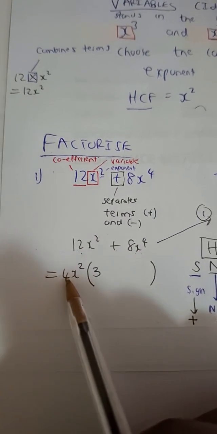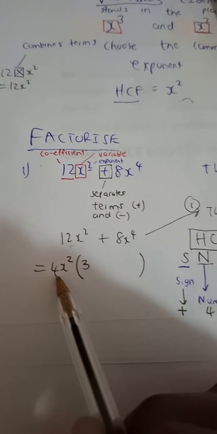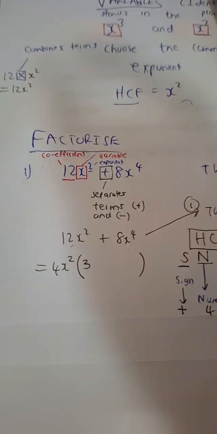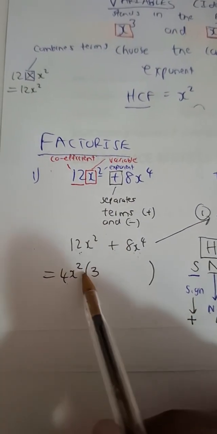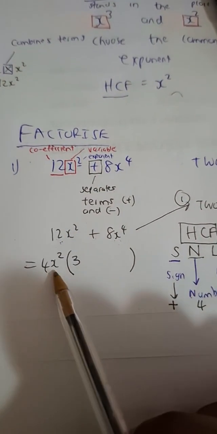It is 4 that is the highest number that fits into 12 and 8. Hence we took out 4. Then between x squared and x to the power 4, we take out the common base that has the lowest exponent. So that's very important.